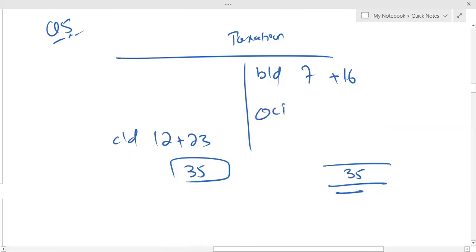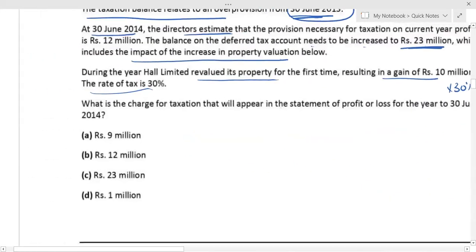So OCI will be debited by 3, and deferred tax liability will be credited by 3. Balancing figure is your income tax expense, which goes to profit and loss. Let me calculate: 35 minus 3 minus 7 minus 16. I'm getting 9 million. So your income tax expense, which goes to P&L, is 9 million.